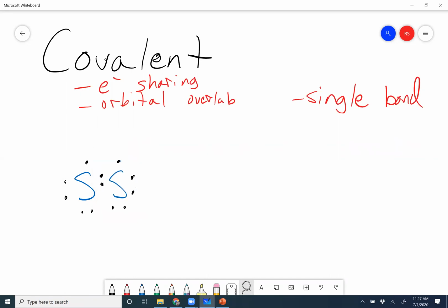So what we have here is our first bond, but you'll notice that these electrons right here are also bonding electrons. They're also available to bond. So what we will get is a double bond.